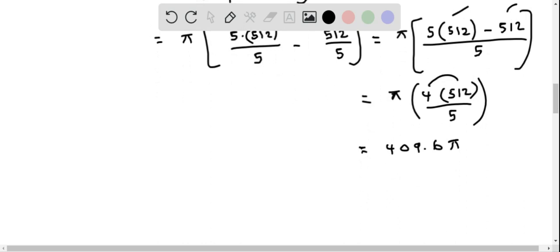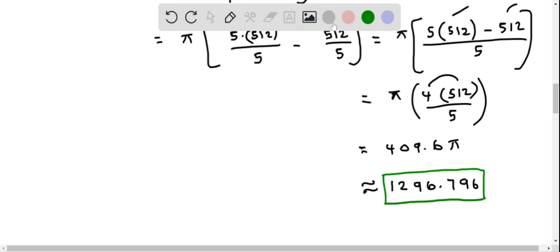Or otherwise, we multiply this by pi and approximate to 3 decimal places, we get 1296.796. We can put the unit as cubic units. And so this is the volume obtained.